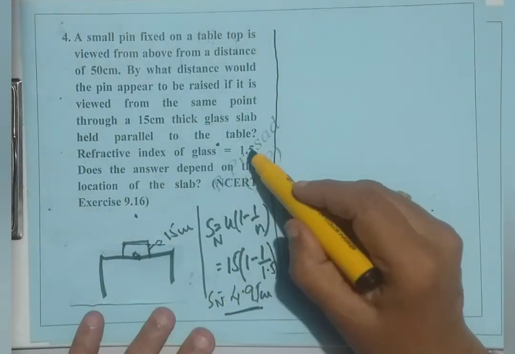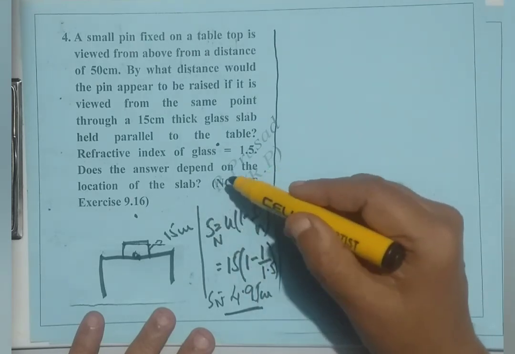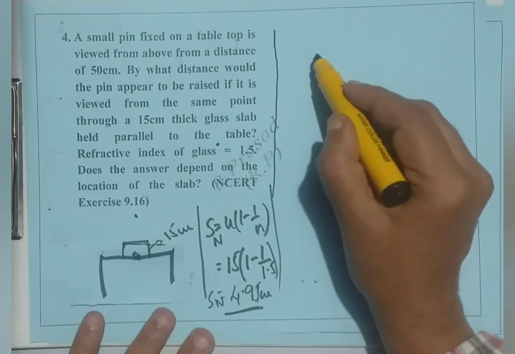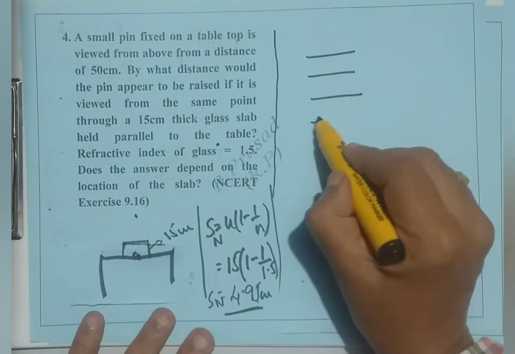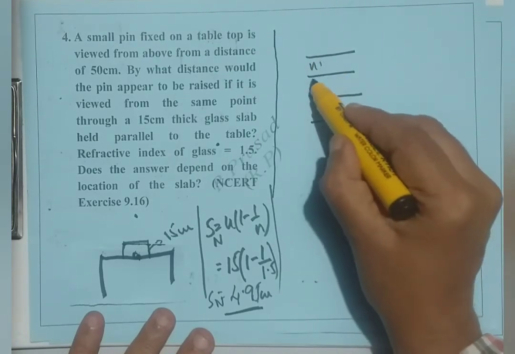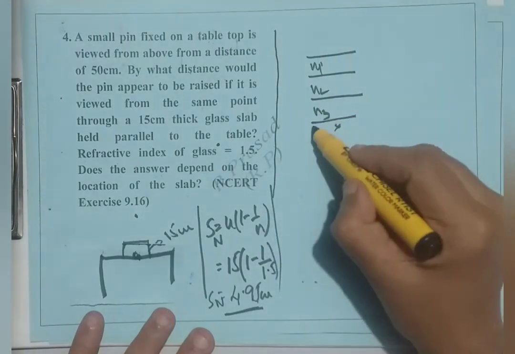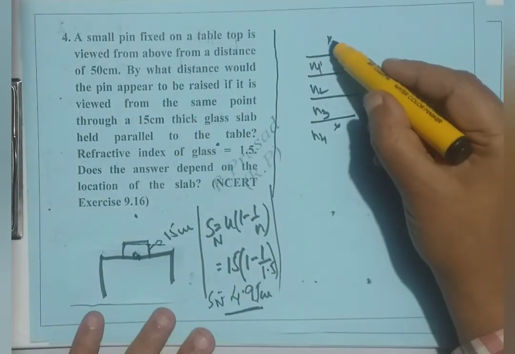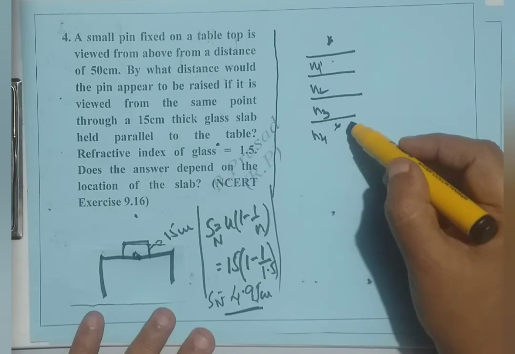So with that, next thing, does the answer depend on the location of the slab? Here one important idea to be learnt regarding the normal shift is, when you have parallel sides like this of refractive index N1, N2, N3, and the object is here in the N4, and we are looking from the top in the N1 medium, then all the normal shifts are to be added.